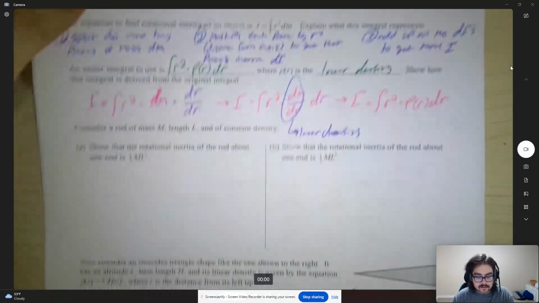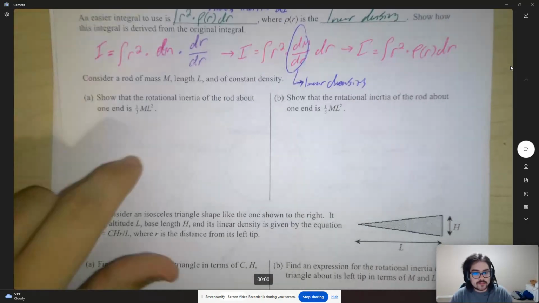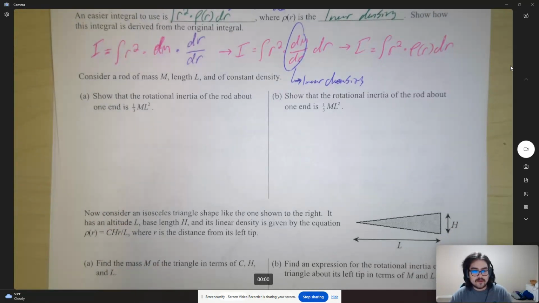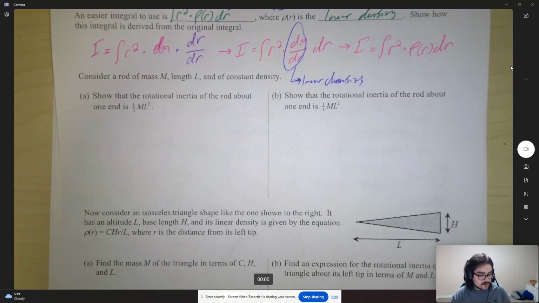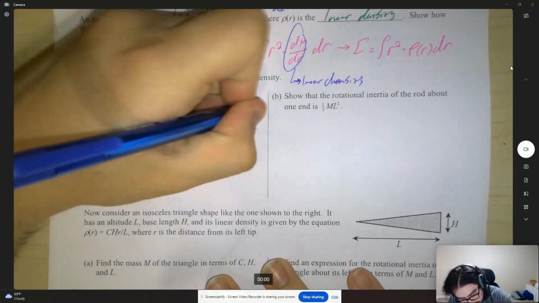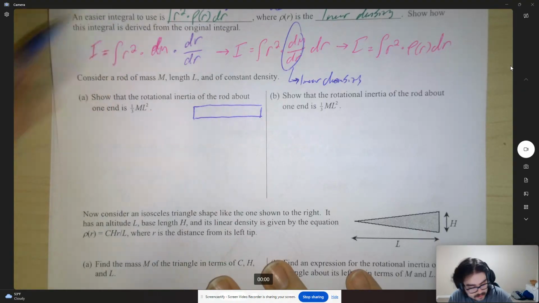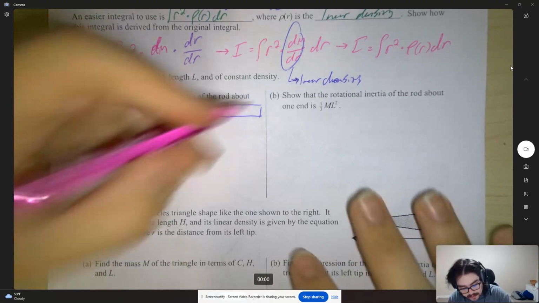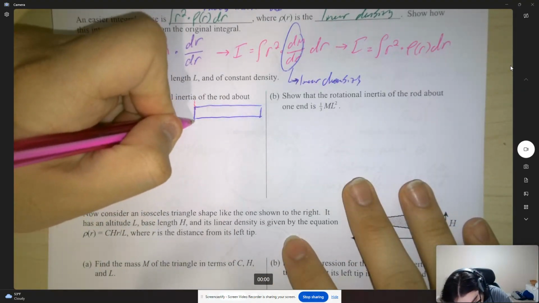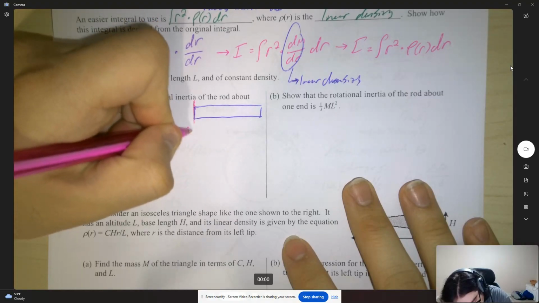This is way easier to integrate, and I'm going to show you why. Show that the rotational inertia of a rod about one end is 1/3 ml squared. This is really easy to show. If I have a rod and I decide that I want my axis to be the left end, that's my axis.